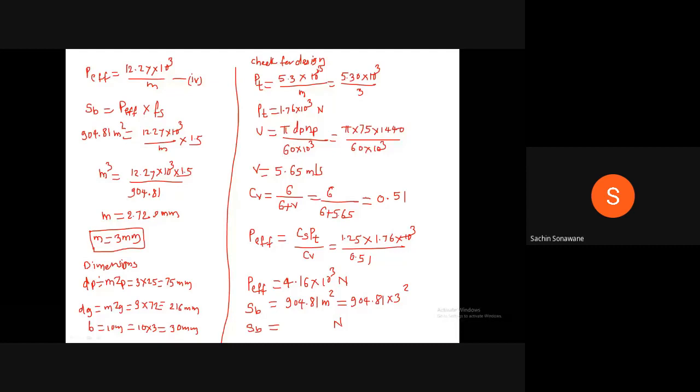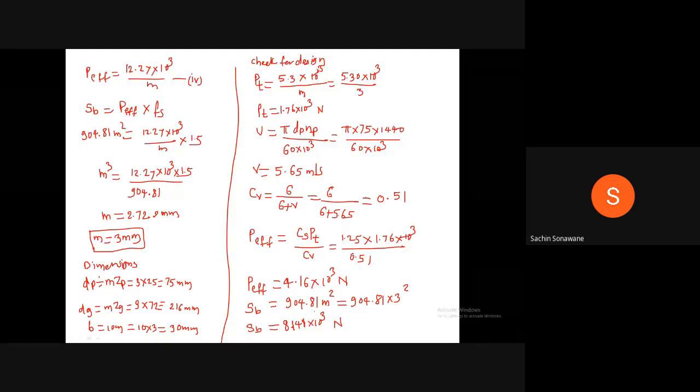SB is 904.81 into 9, which is 8.14 into 10 raised to 3.